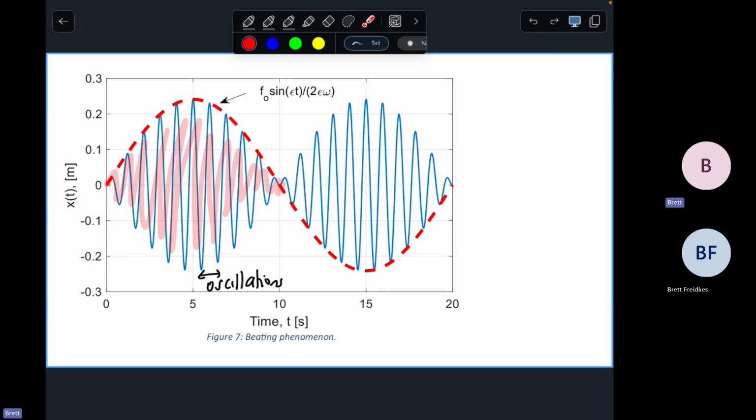We start at low volume. I'll use the sound from that video as an example. It's low, it's getting higher, it's high, it's high, and then low, low, and then it begins again. That's considered one beat. That's a period of the beat. So this thing here is the period of the beat because it restarts after that.